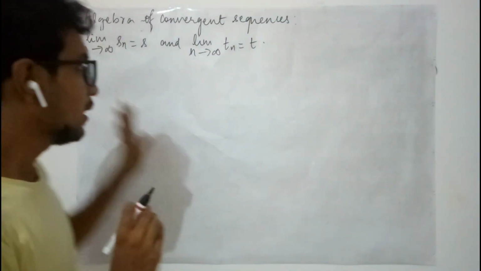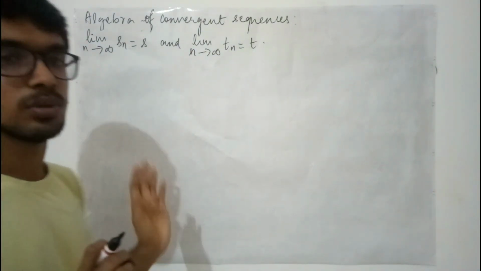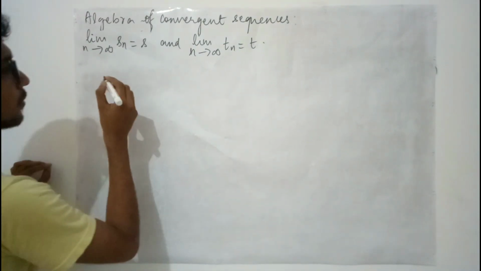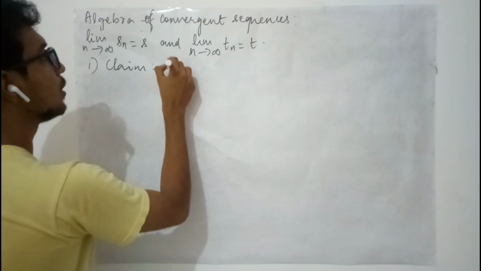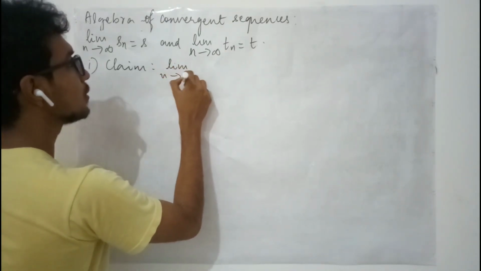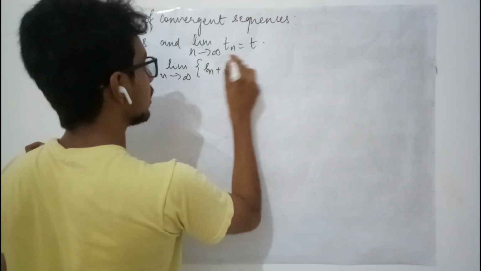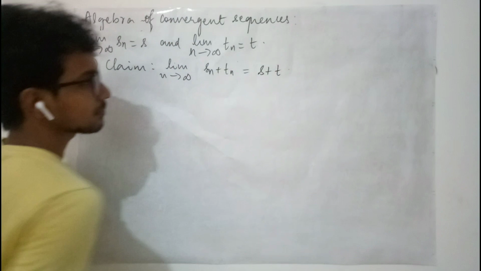Sn converges to S and the sequence Tn converges to T. With this we are going to prove the rest of the things. The first thing that we are trying to prove is that the limit of Sn plus Tn is S plus T.